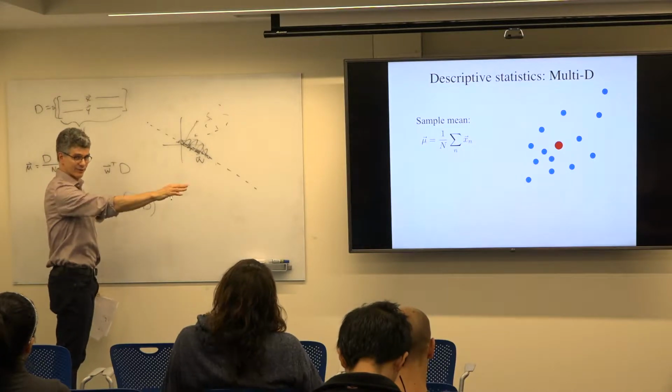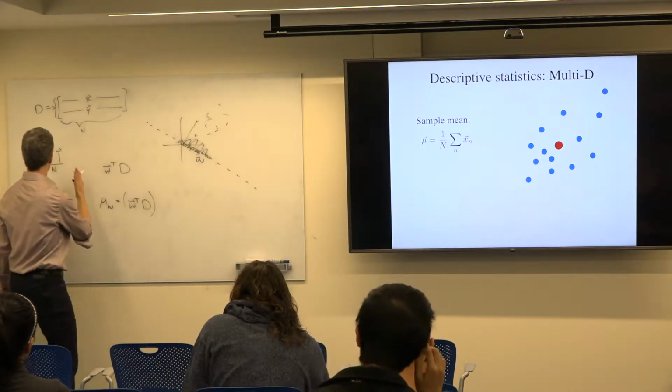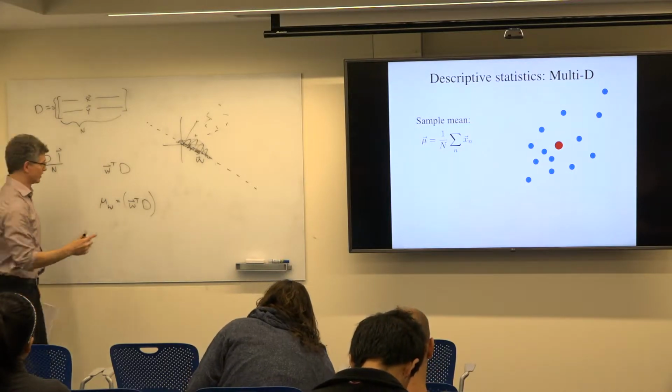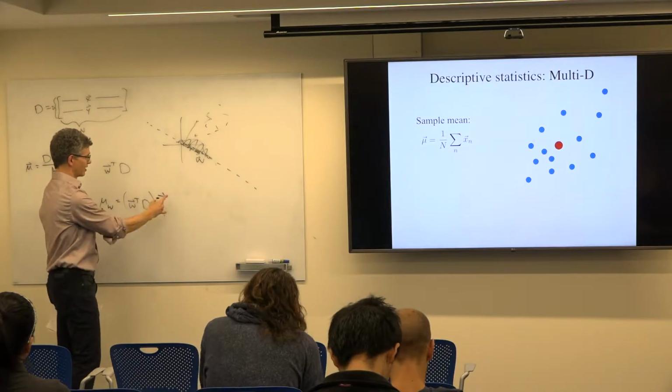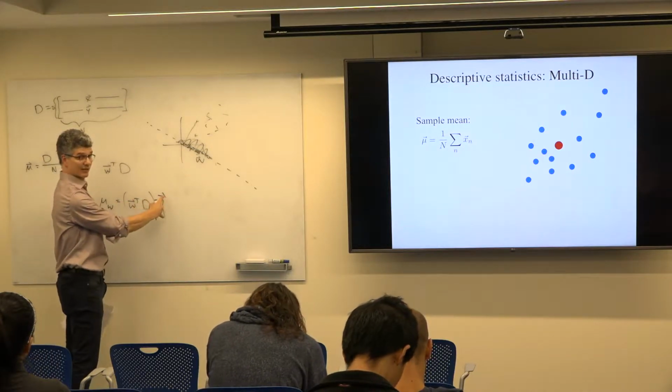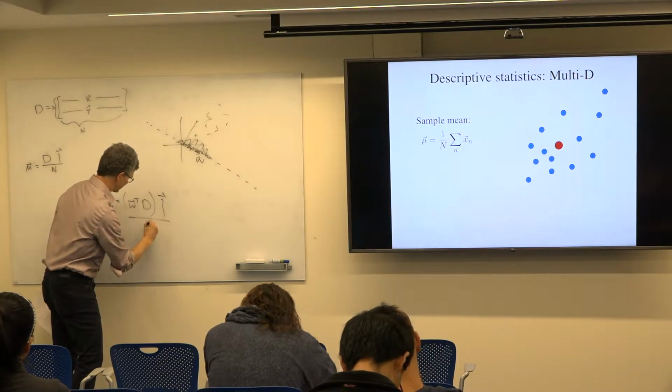So I get n of those. This is a row vector. And how do I take the mean of the row vector? Well, the same way I took the mean of the two-dimensional thing, I just multiply it by this one vector, right? This is a dot product, so this is a row vector, this is a column vector that each have length n, and this just adds them up, and of course I have to divide by n.